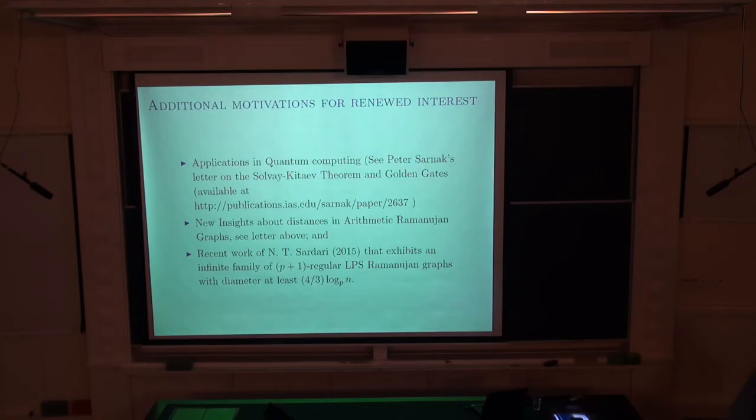This is a story that I don't have time to get into, but when you are trying to build a random rotation as a product of basic quantum gates, you get into a problem which is much like navigating in these Ramanujan graphs. There are precise connections in a handwritten letter by Sarnak, but it's uploaded on his webpage, so you can read it.